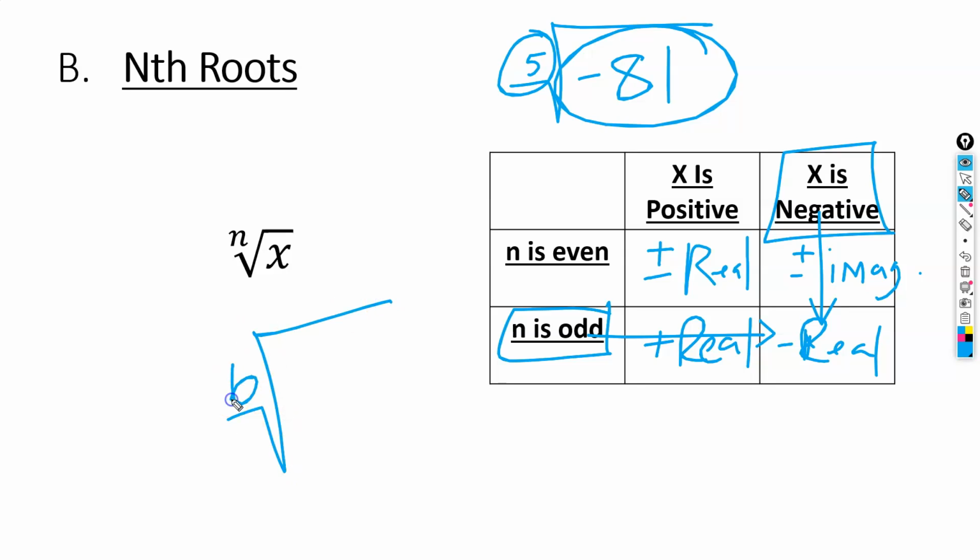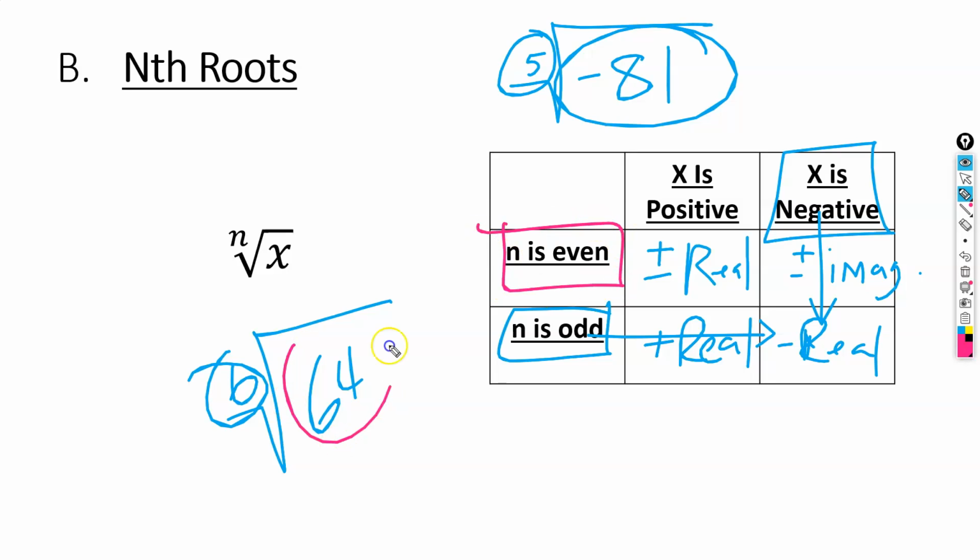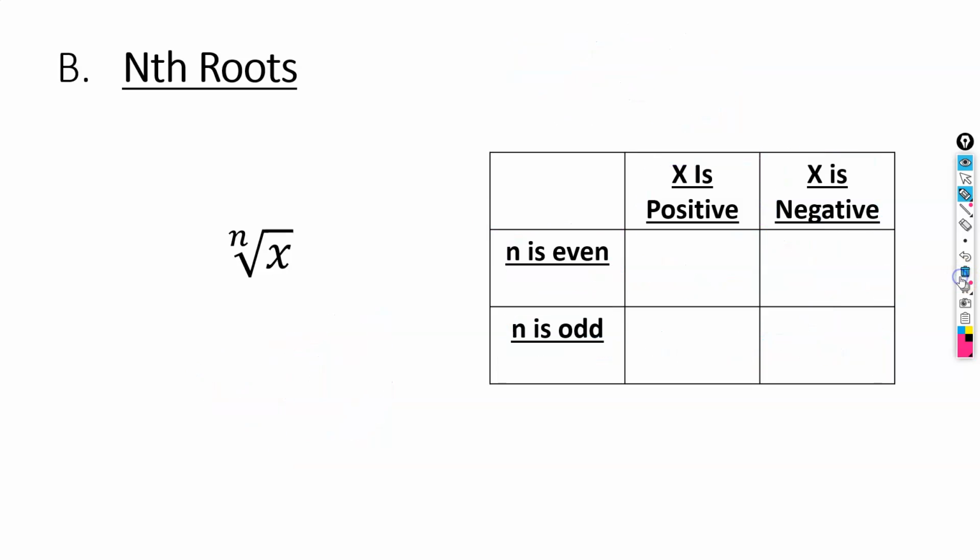Let's say I had a 6th root here, and there was like a, I don't know, 64. In that case, I have an even root and a positive radicand. In that case, I know that I'm going to technically get a positive and a negative real answer. Okay, so that's how roots work and the types of answers you can get for each one.